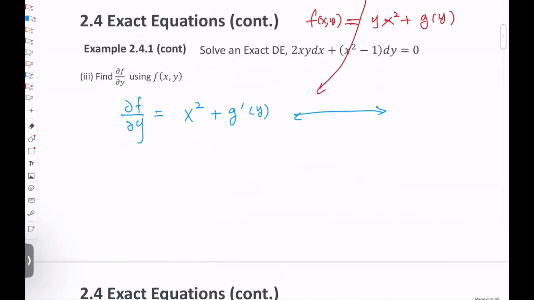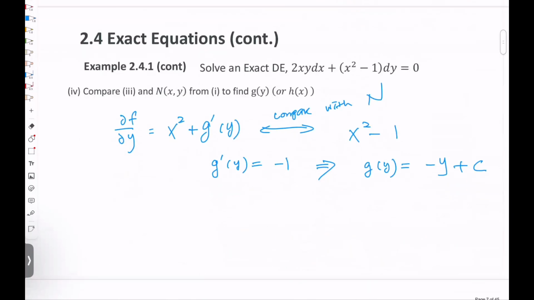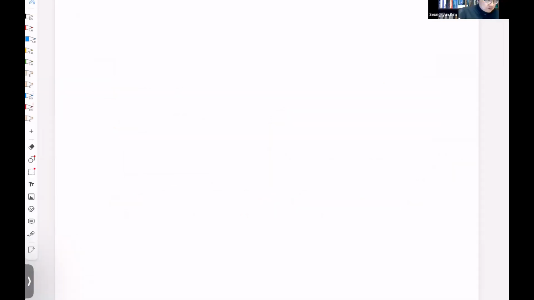So we said we have this as an answer, x squared y plus g of y. Now with g of y, we have x squared y minus y plus c equals 0. So that's the answer.